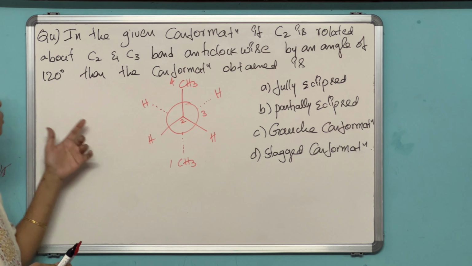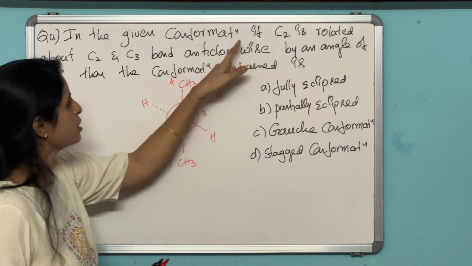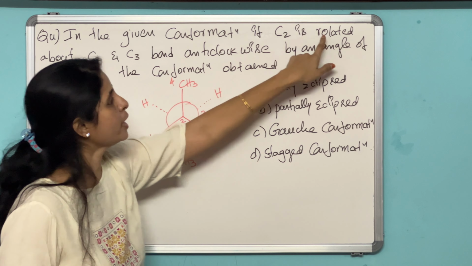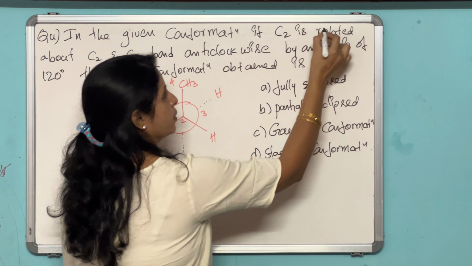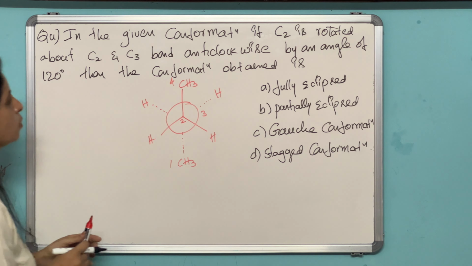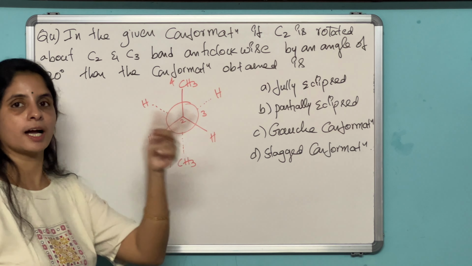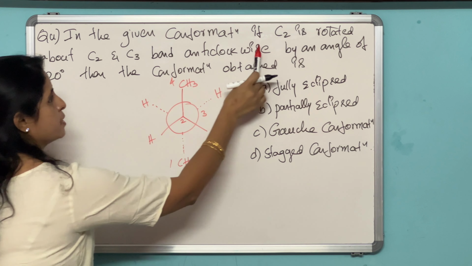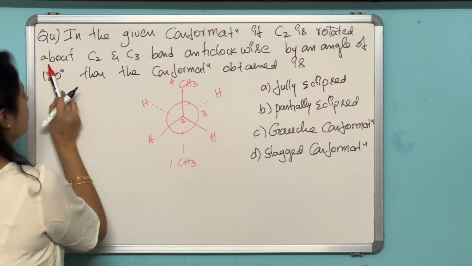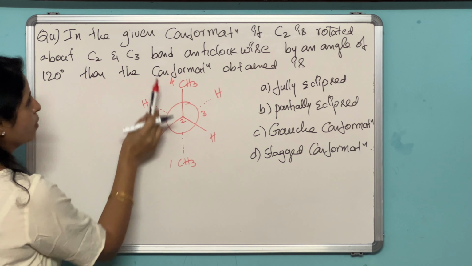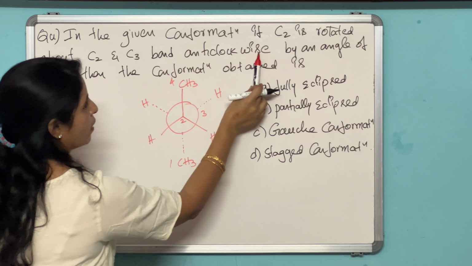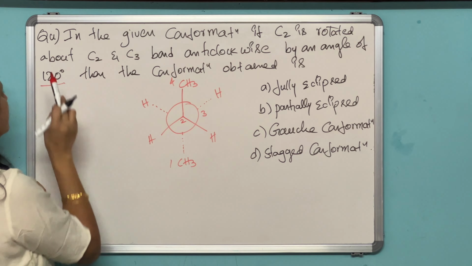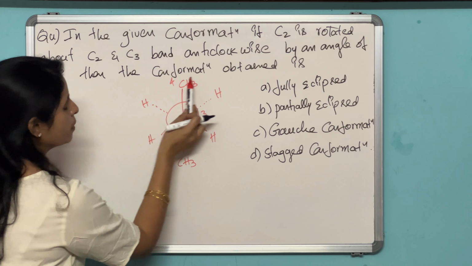Now look at the fourth question. In the given conformation, if C2 is rotated about the C2-C3 bond anti-clockwise by an angle of 120 degrees, then what is the conformation obtained?